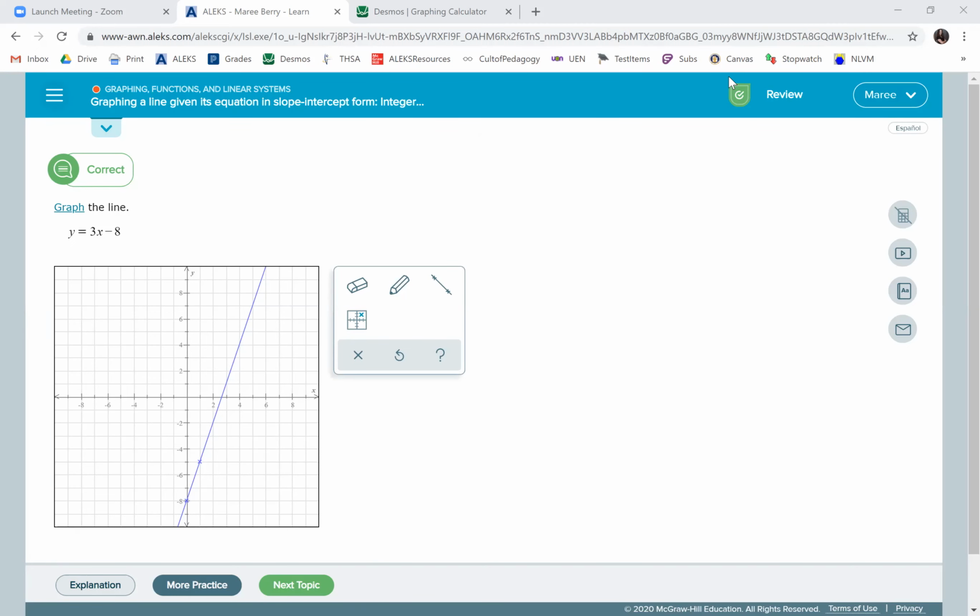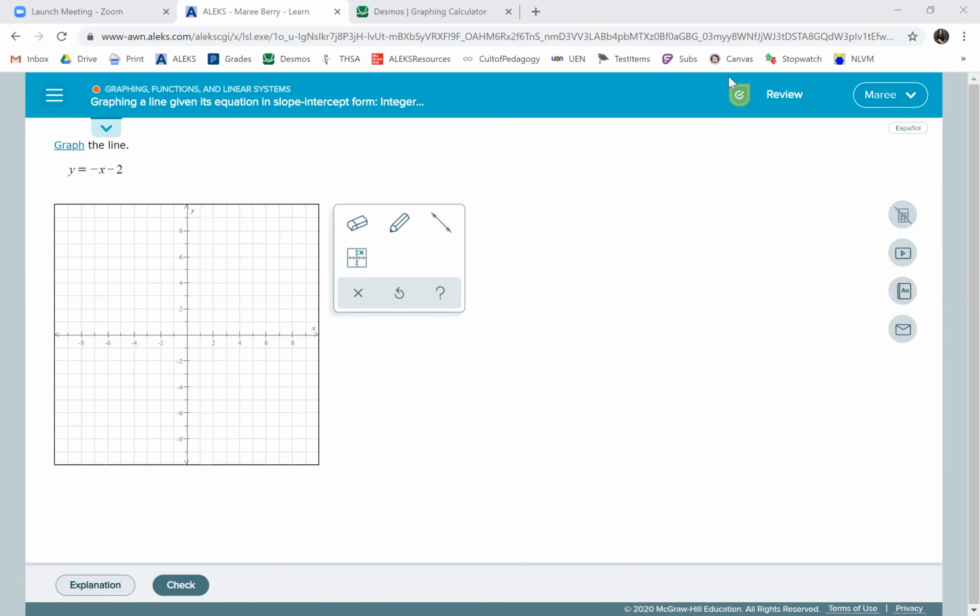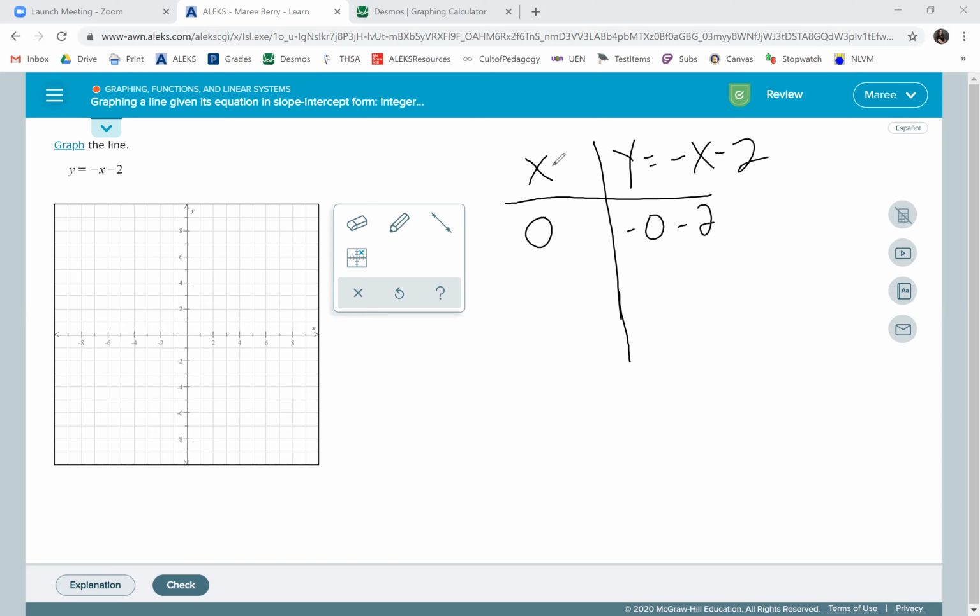That's okay. All right, so we can draw a table of values. So we're going to choose an x, and then we have y, which is negative x minus 2. So whatever x we put in, let's try 0. We're going to do negative 0 minus 2, which is just 0 minus 2, or negative 2. When x is 1, we'll have negative 1 minus 2, which is negative 3.